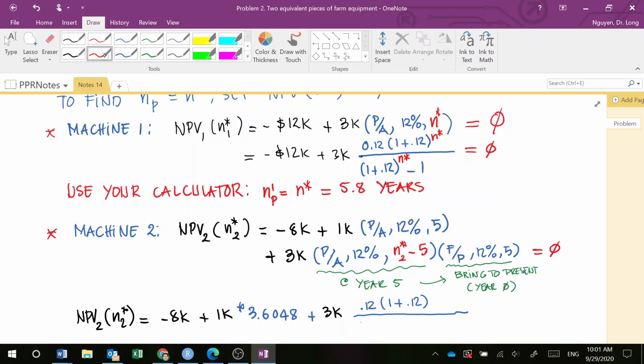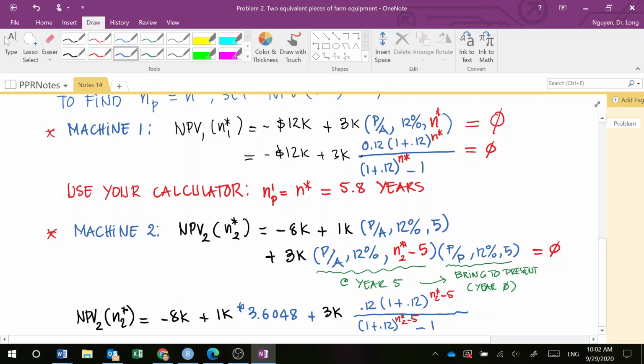So that is the key point, because n in this case is n star 2 minus 5, over 1 plus i power n minus 1. So in this case we have 1 plus i, 0.12, power n, here n star 2 minus 5, and then we minus 1 from the equation.